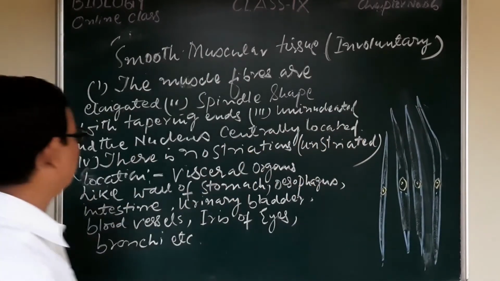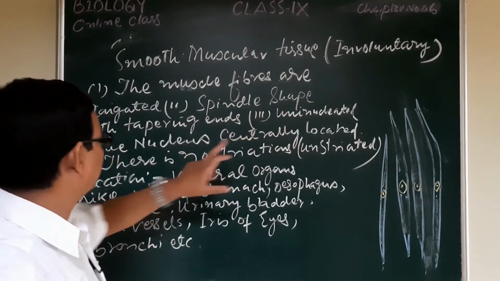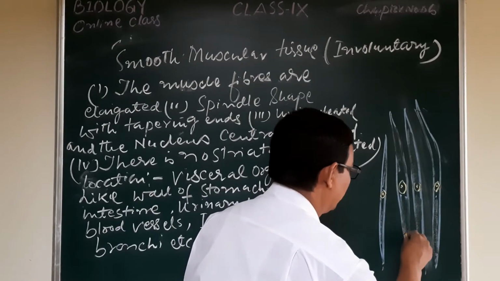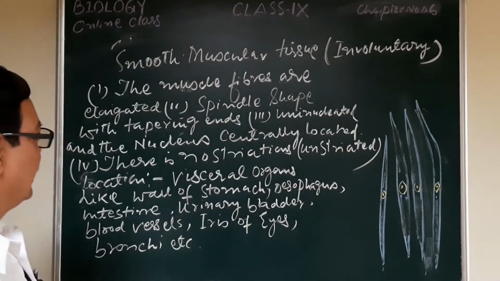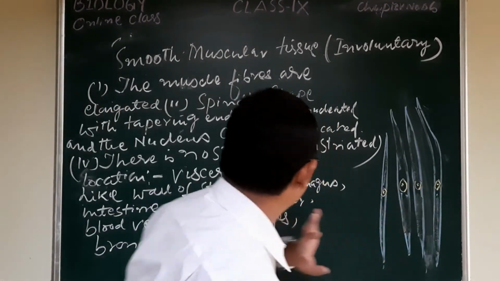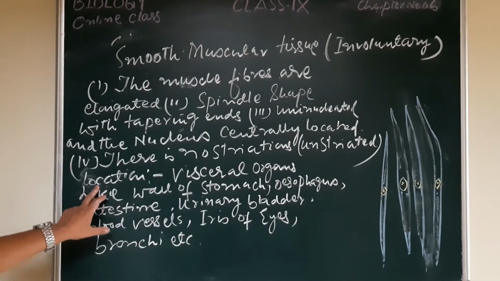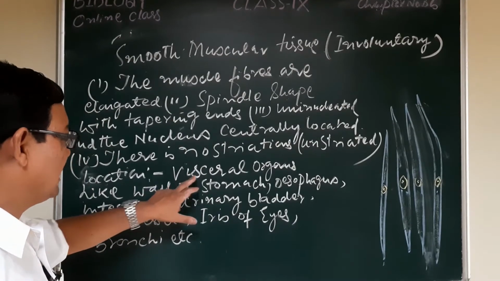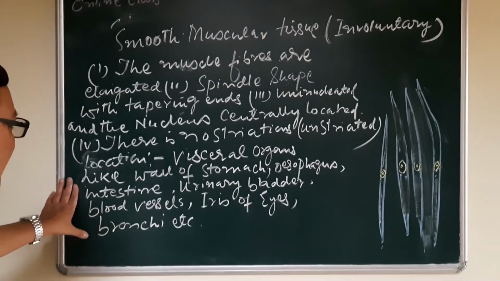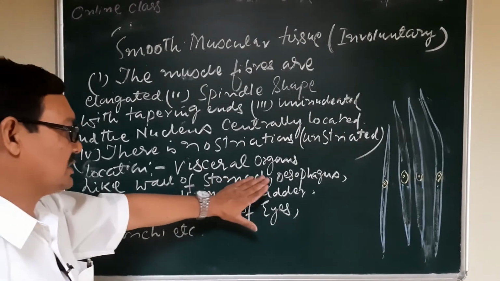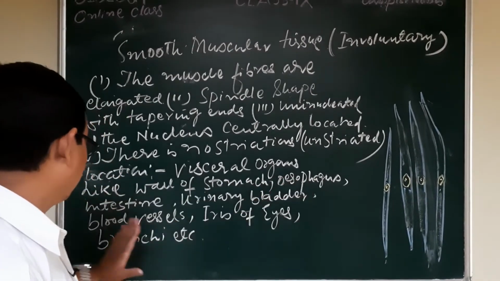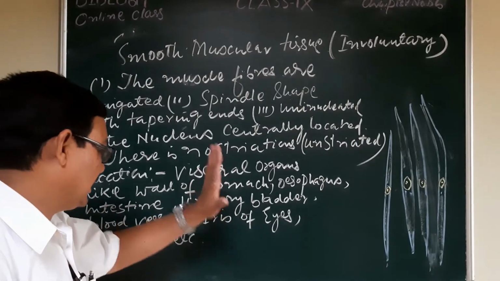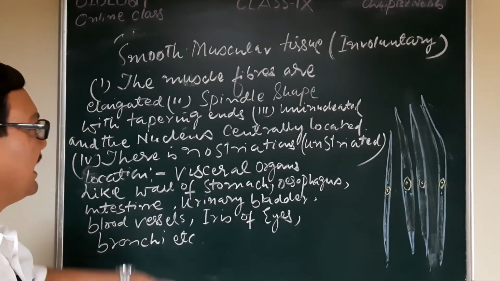The cell structure is spindle shaped with tapering ends and a centrally located nucleus. Where is it present? It is present in visceral organs, like the wall of the stomach, esophagus, intestine, urinary bladder, blood vessels, iris of the eyes, bronchi, etc.